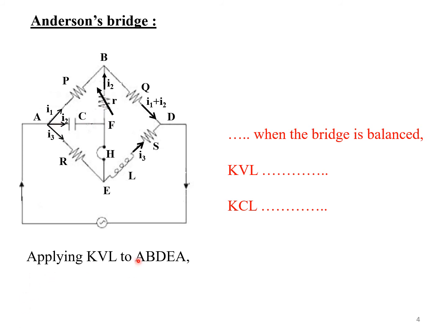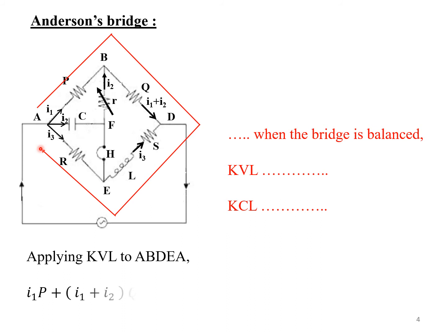Now let us apply Kirchhoff's voltage law to the closed loop A to B to D to E to A. That means we have to start from point A, move in this direction A to B, and then B to D, and then D to E, and then E to A.